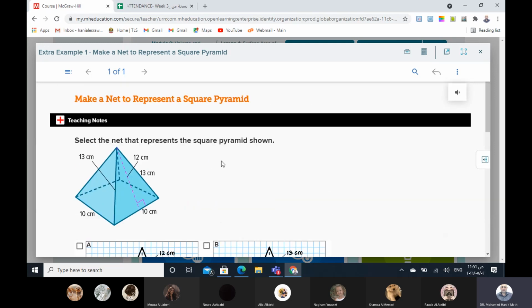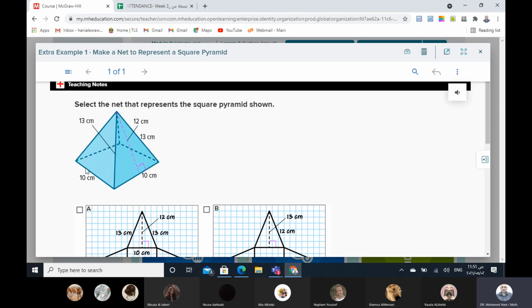Right, listen here. Select the net that represents the square pyramid shown. Here we have a square pyramid. What's the meaning of square pyramid? Means we have a pyramid, but the base of this pyramid will be a square. As you see here, this side equals this side equals this side equals this side.